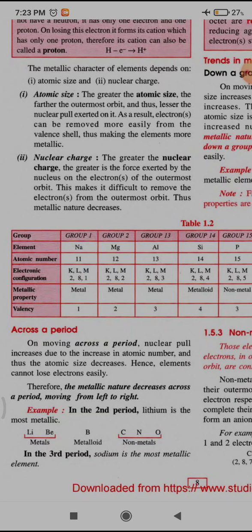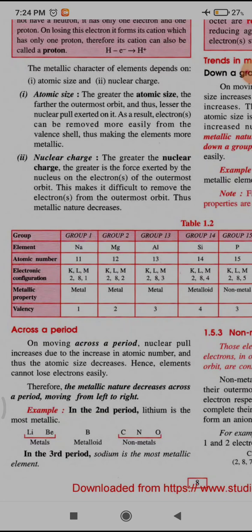As the electrons are more and the distance is less between your valence electron and your nucleus, the size is decreasing and nuclear charge is increasing. That's why it is written, on moving across a period, nuclear pull increases due to the increase in atomic number, and the atomic size decreases.